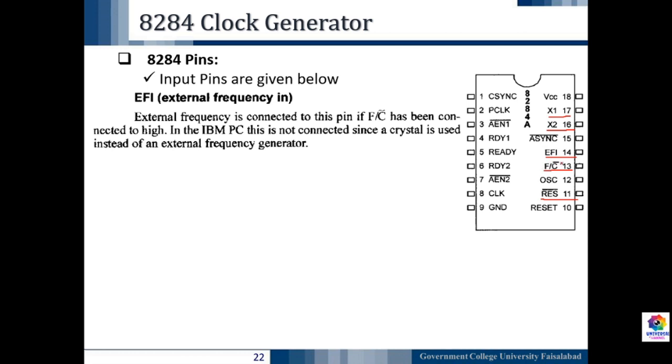If we make this pin active low, then X1 and X2, I mean the crystal oscillator, will be enabled. So in the IBM PC, this is not connected since a crystal is used instead of an external frequency generator. In the IBM PC, we always prefer and use the crystal oscillator, so we will disable this pin.